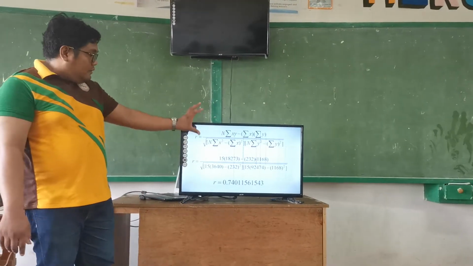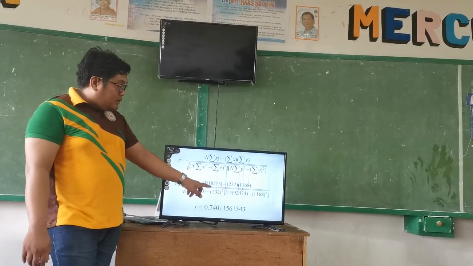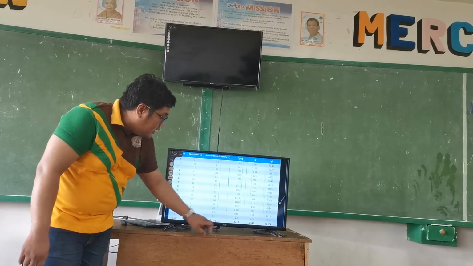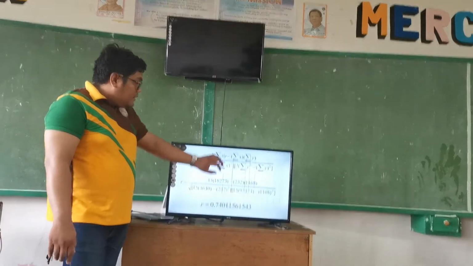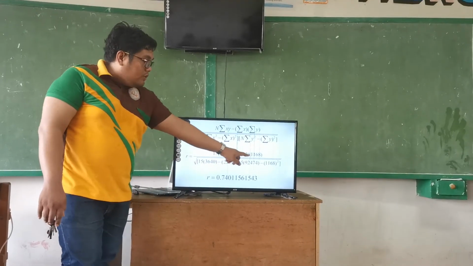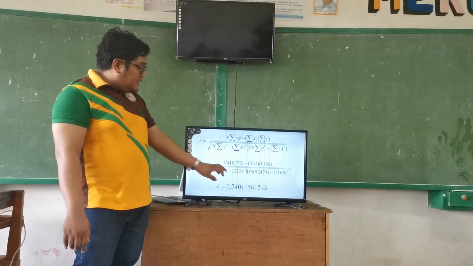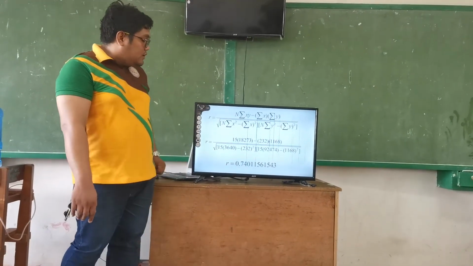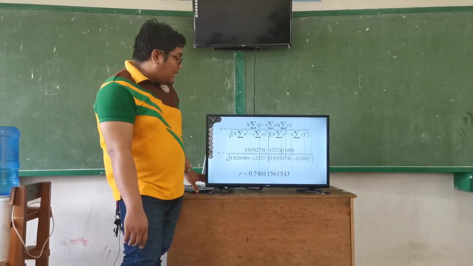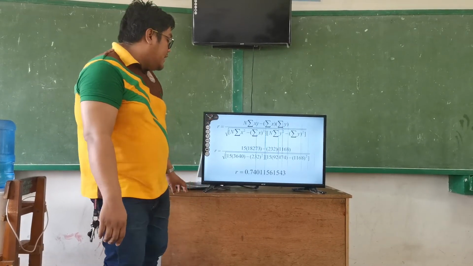So doing the formula, you have 15 times 18,273. This is your xy sum. As you can see here, this is 18,273. And then minus the summation of x times the summation of y, that would be 232 and 1,168, divided by the square root of 15 times 1,640 minus 232 squared, times 15 times 100,92,474 minus 1,168 squared.